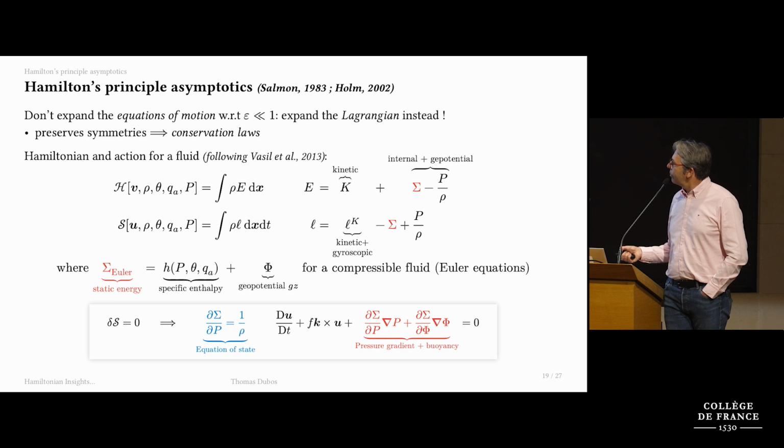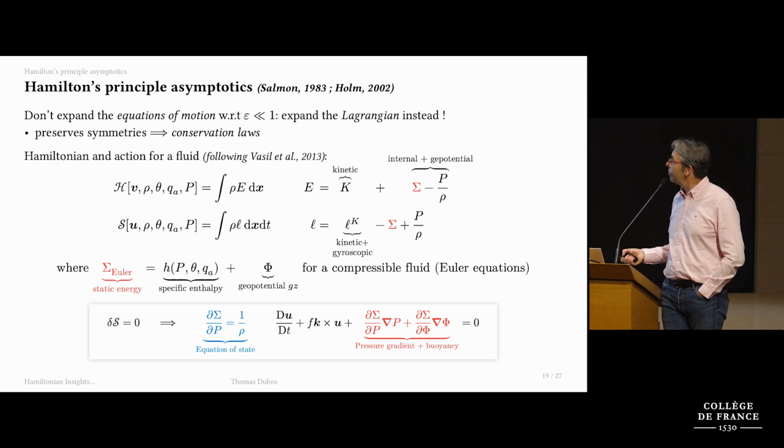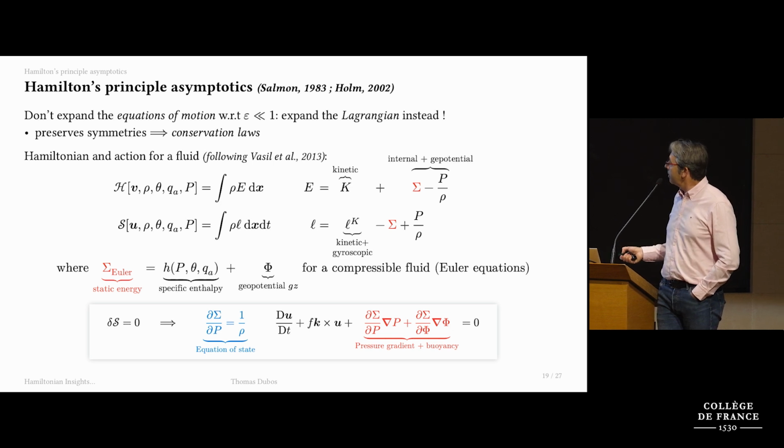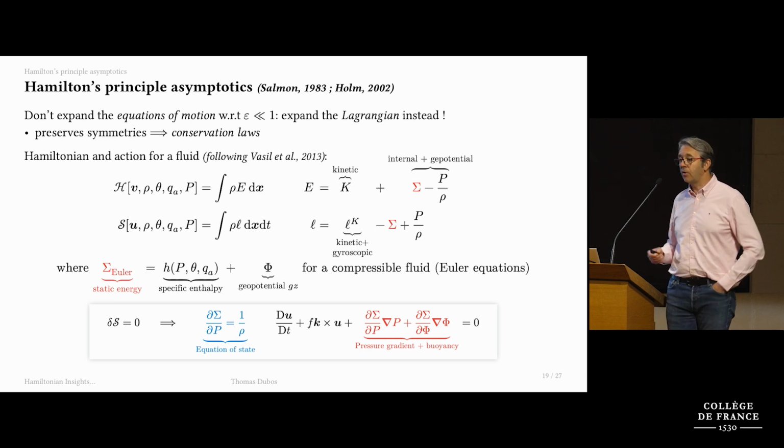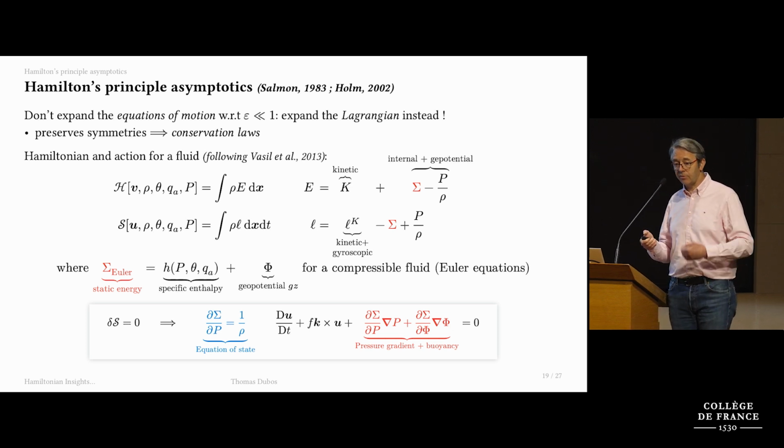And if I write down the equations of motion that derive from this action or Hamiltonian, what we find is that P here is an extra free variable, so I ask that the variations with respect to P also vanish, and that gives me the equation of state in blue. And in red, I will have the corresponding expression of buoyancy. So if I make any modifications here, it will simultaneously modify the equation of state and this red term in a way that is mutually consistent and conserves total energy.